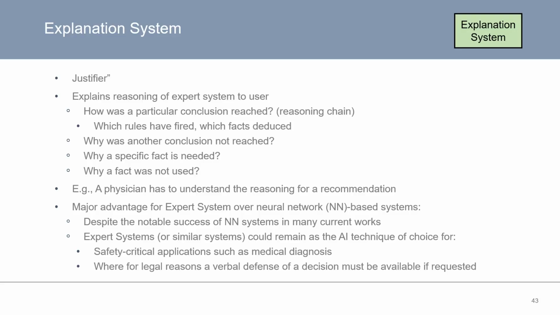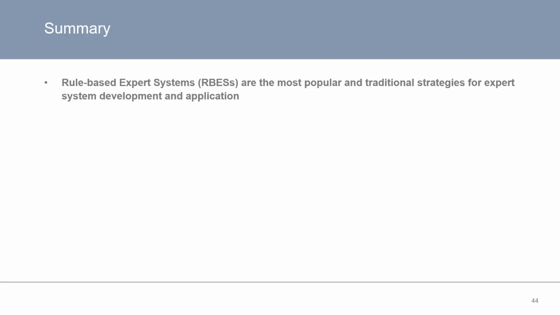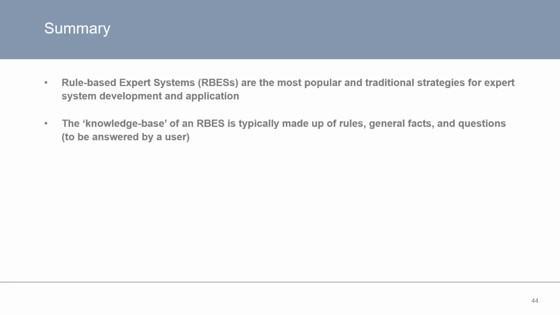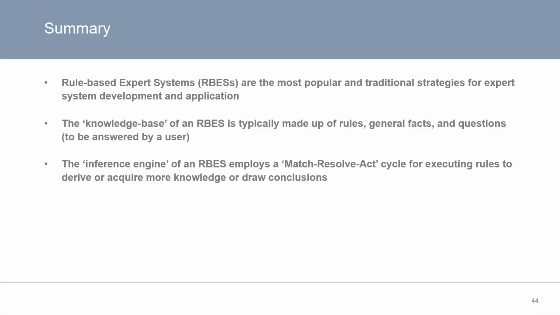To summarize this lecture, rule-based expert systems are the most popular and traditional strategies for expert system development and application. The knowledge base of these systems are typically made up of rules, general facts, and questions that are meant to be answered by the user. The inference engine of these systems employs a match, resolve, act cycle for executing rules to derive or acquire more knowledge or draw conclusions.